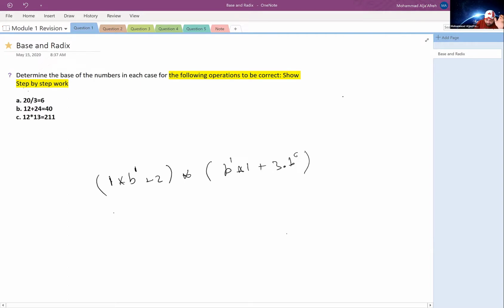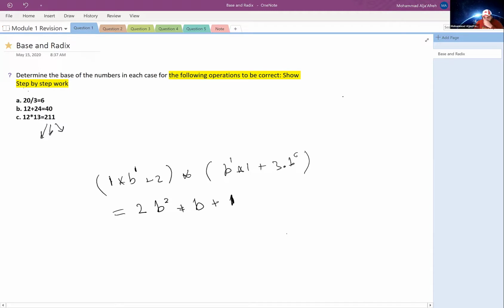That is equal to, so this number and this number and this number. Okay, so this coefficient is equal to 2 multiplied by the base to the power 2, plus the base plus 1.